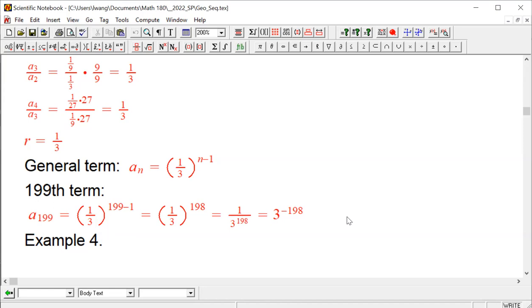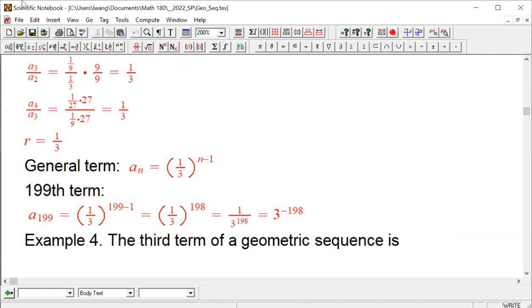We are told the third term of a geometric sequence is 63 over 4, and the sixth term is 1701 over 32.